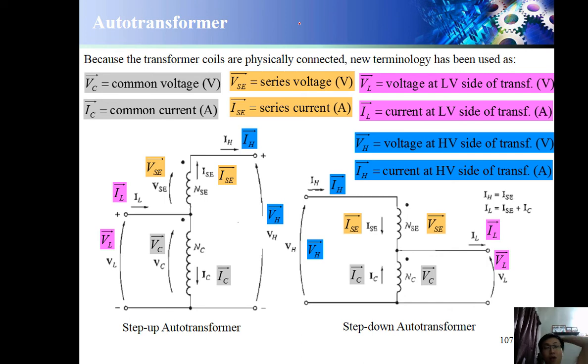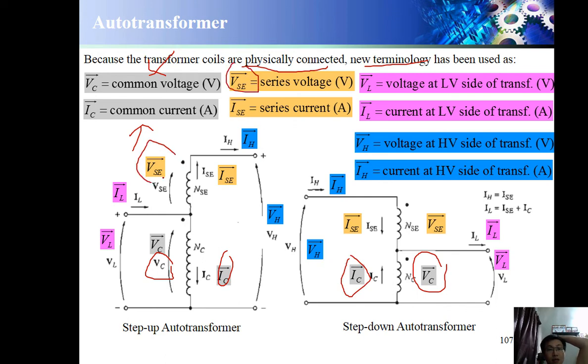Because the transformer coils are physically connected, new terminology is used. For example, VC is used as the common voltage, and IC is the common current. Then series voltage, series current.